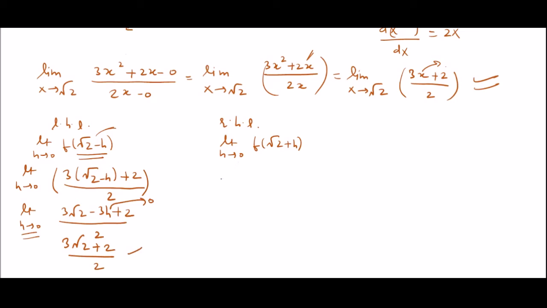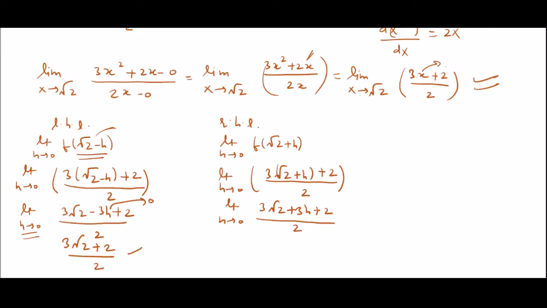Okay, here also limit h tends to 0, 3 root 2 plus h plus 2 upon 2, limit h tends to 0, 3 root 2 plus 3h plus 2 upon 2, which can also be written as 3 root 2 plus 2 upon 2 after h tends to 0, right?